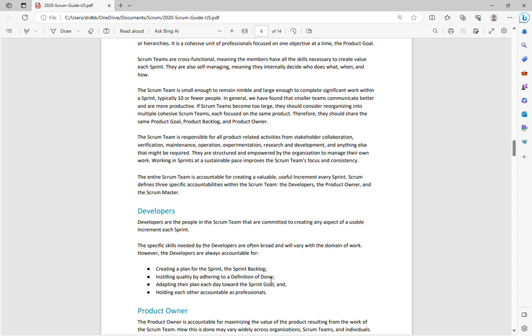So what is the definition of done? It is the list of criteria that must be met before a user story or the requirement can be released to the users. A kind of checklist which can include, like, if all test cases are executed successfully, if the documentation related to the work has been completed or not, if the QA defects have been fixed or not, if performance testing has been performed or not.